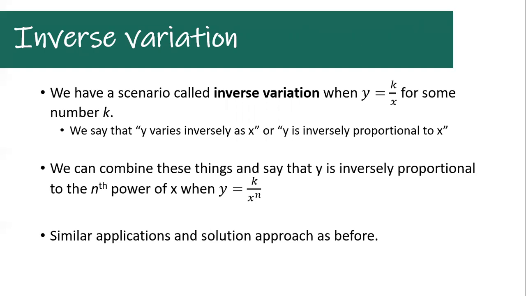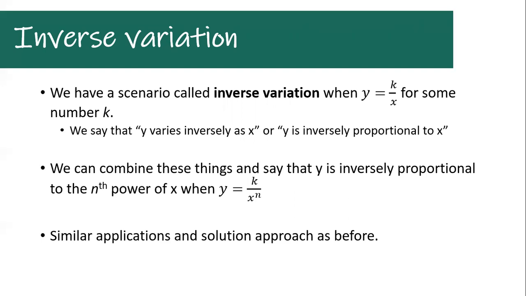Terminology-wise, we usually say that y varies inversely as x, or y is inversely proportional to x. And we can actually combine this with what we talked about last slide and say that y is inversely proportional to the nth power of x. So it's that inverse that puts it down there in the denominator. So if it's inversely proportional to the nth power, then we have k over x to the nth power.